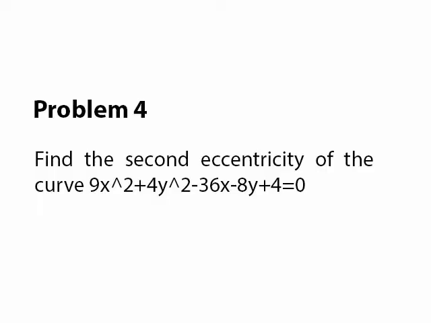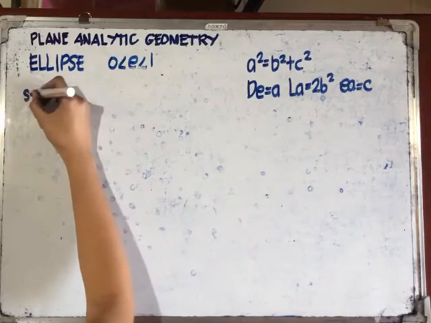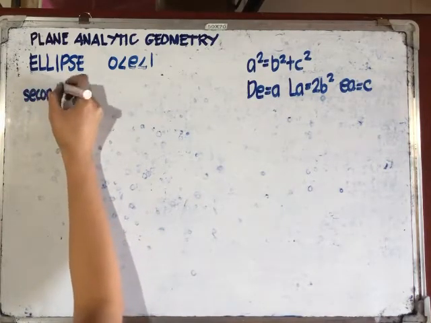Okay, next question about ellipse. Find the second eccentricity of the curve 9x squared plus 4y squared minus 36x minus 8y plus 4 equals 0. So we are looking for the second eccentricity.